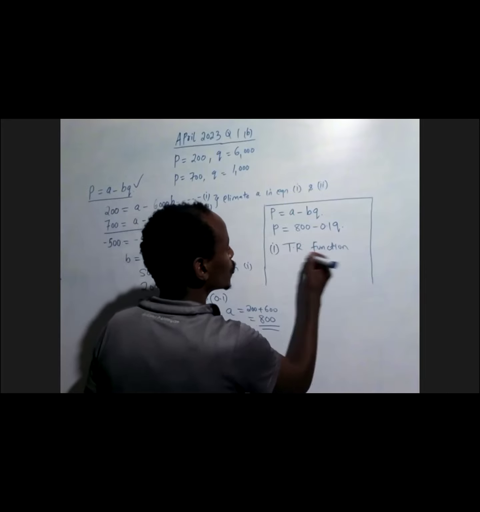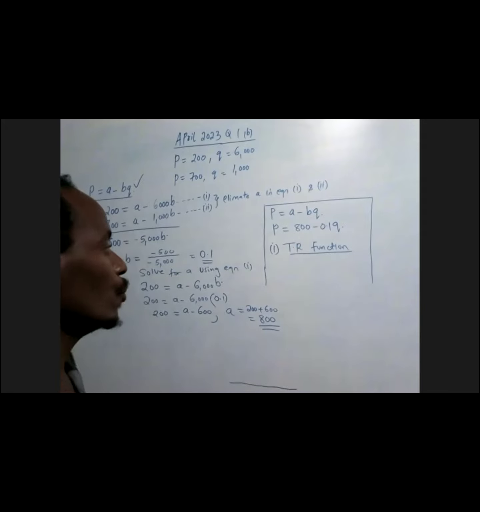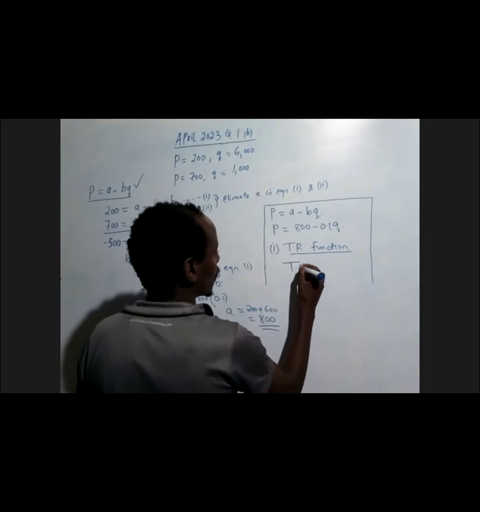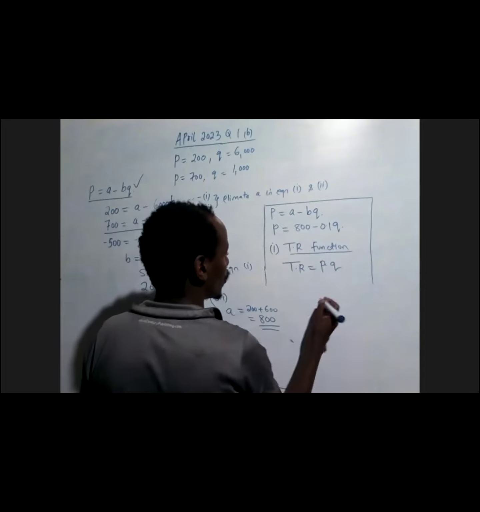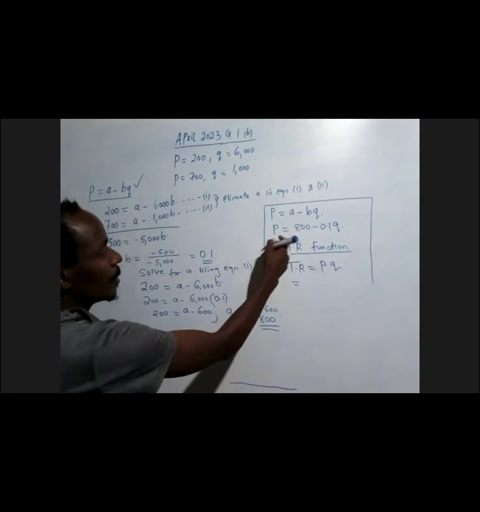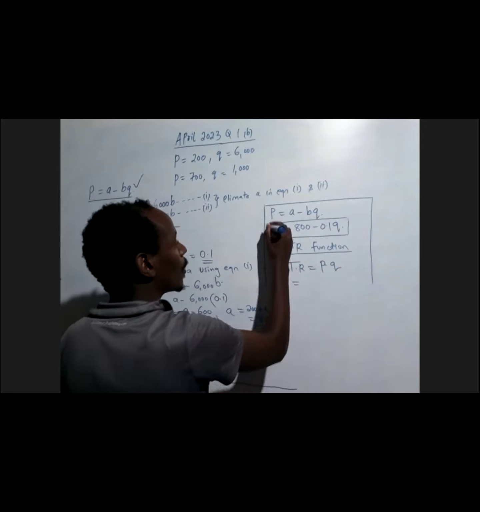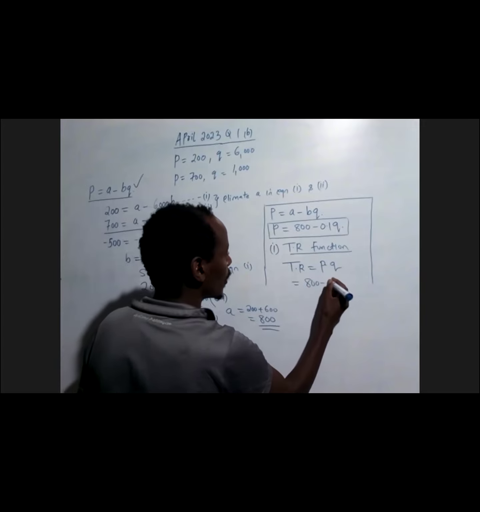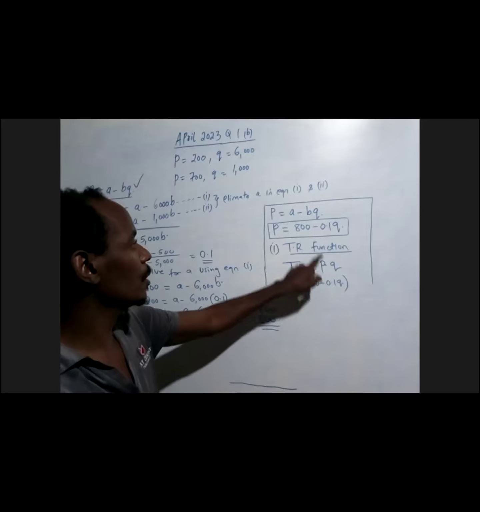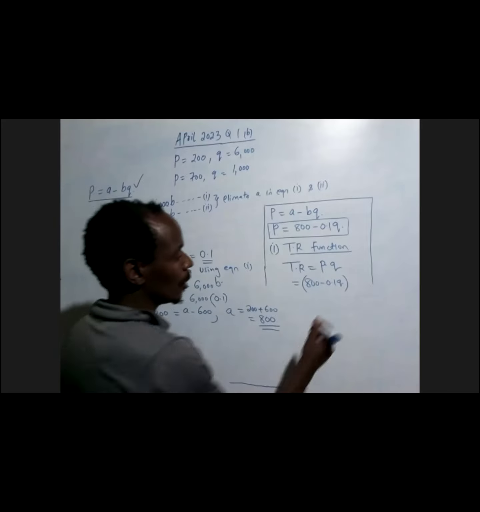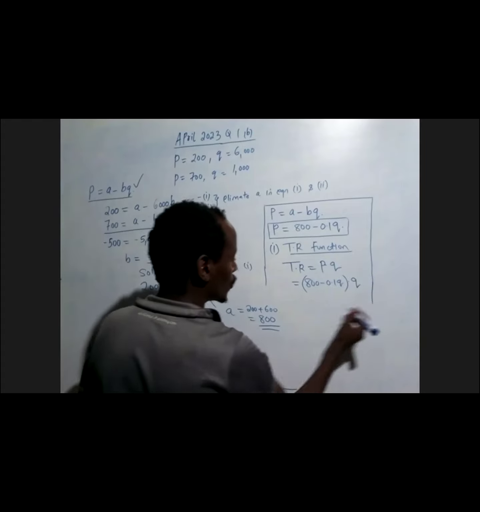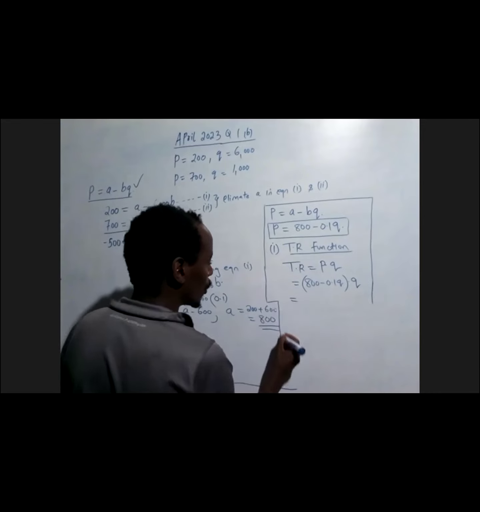We know the revenue function is P times Q. Our P is 800 minus 0.1Q, and we multiply it with Q. What will be our total revenue function?